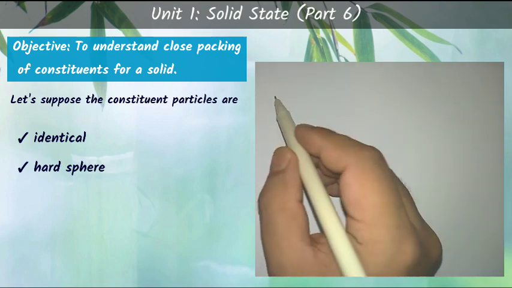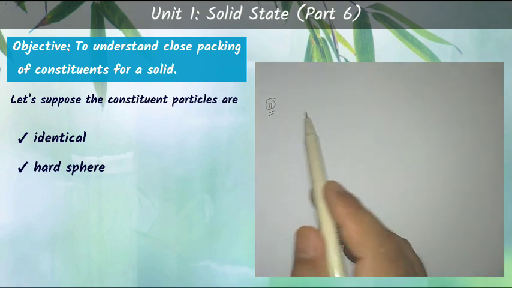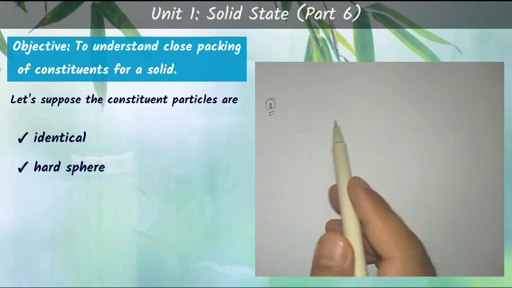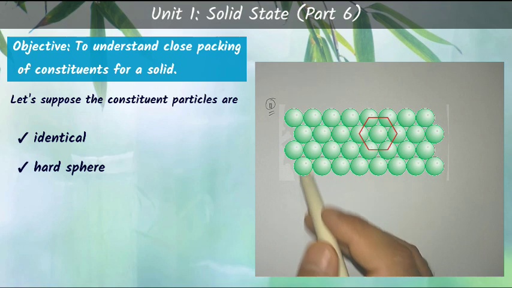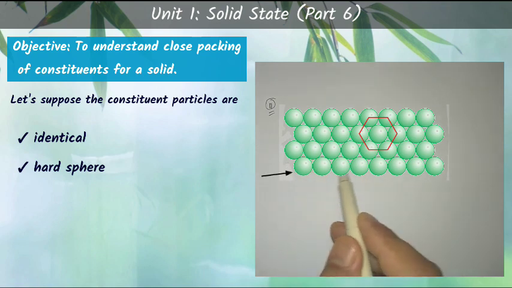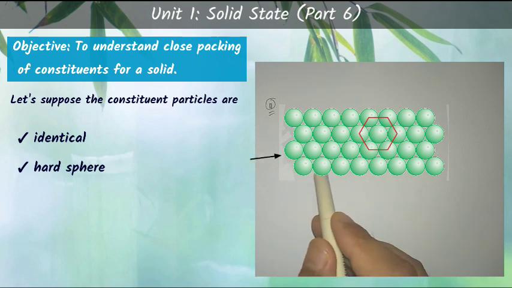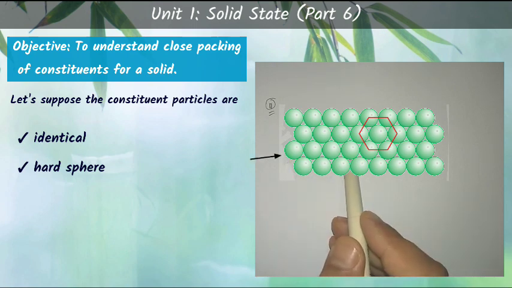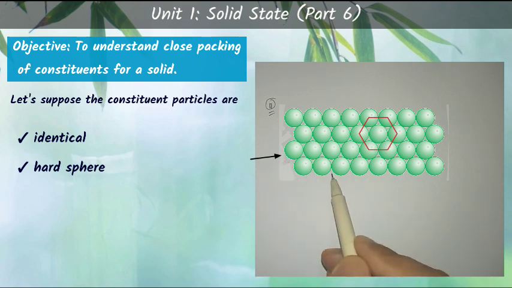Now let us discuss the second probable way. In this arrangement, let's suppose this is the first row. The second row we can pack in a staggered manner, that means staggered to the first layer.